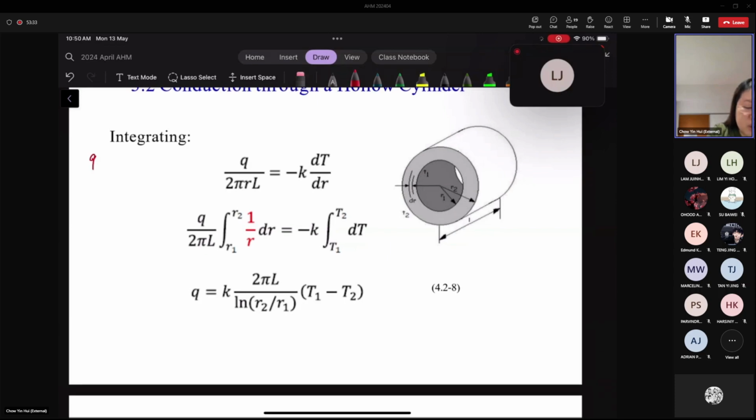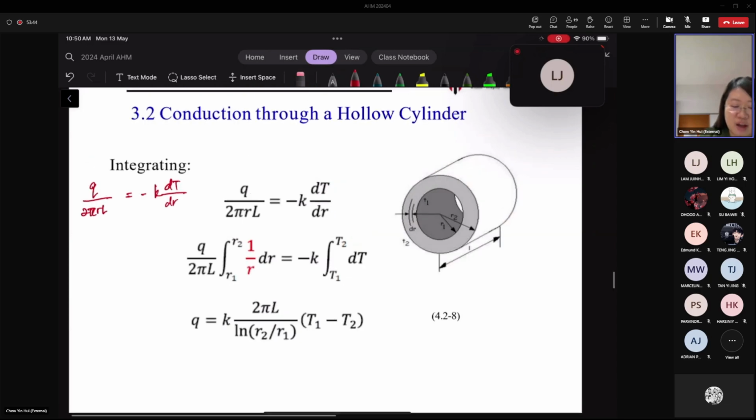I'll redo it here so that you have a focus when I describe it, rather than seeing a screen without any action going on. If you look at this equation before we solve it, the radius is a variable, whereas the rate of heat transfer, the length of the pipe, and the thermal conductivity are constant values.